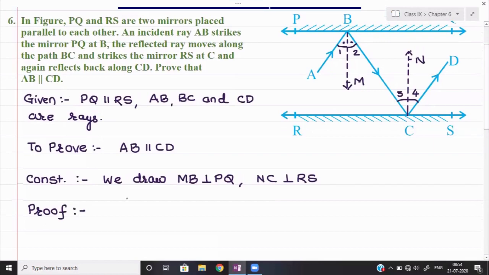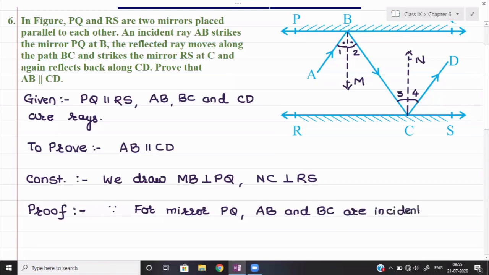Now we can say that for mirror PQ, AB and BC are incident and reflected rays.